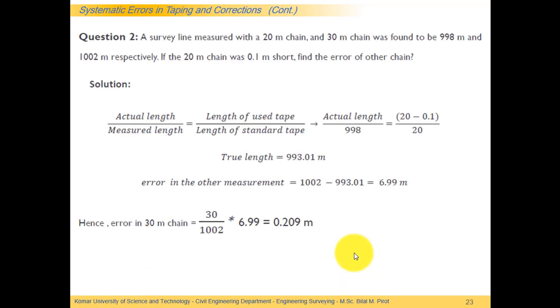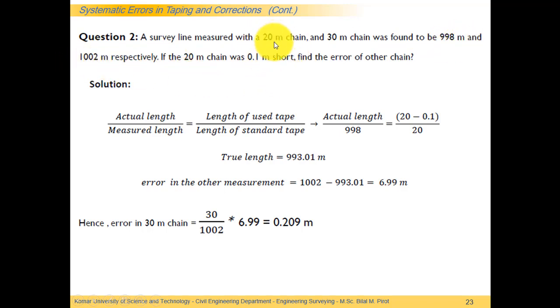We have another question. A survey line measured with a 20 meter chain and a 30 meter chain. So we have two chains, one of them is 20 meters, the other is 30 meters. The line was found to be 998 meters and 1002 meters.